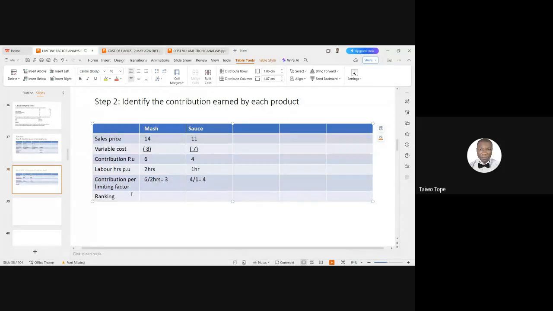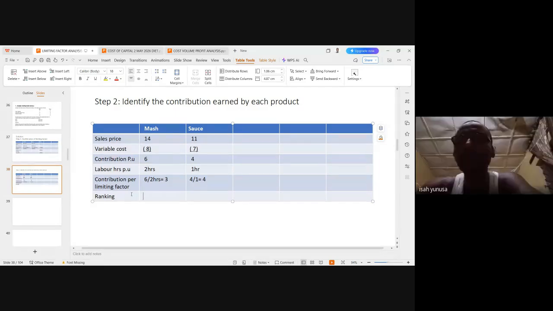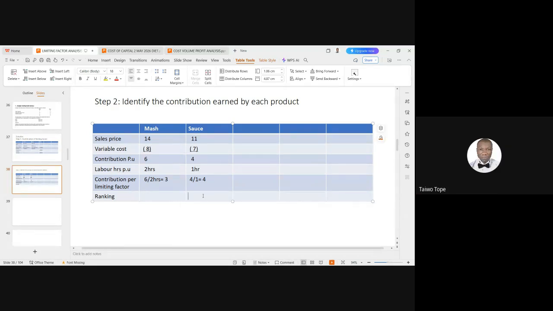Which is ranking first? The sauce is ranking first, and mesh is ranking second.